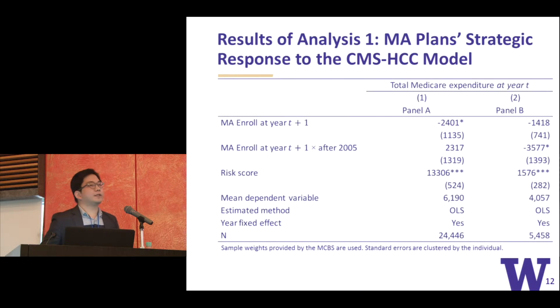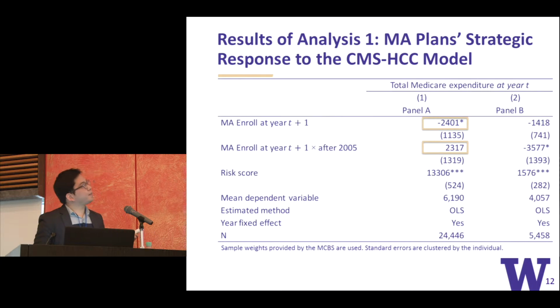And here is the result from the first analysis. So this is the value of beta 1, and this is the value of beta 2. So the beta 1 is minus $2,401, and the sum of beta 1 and beta 2 is about minus 84.